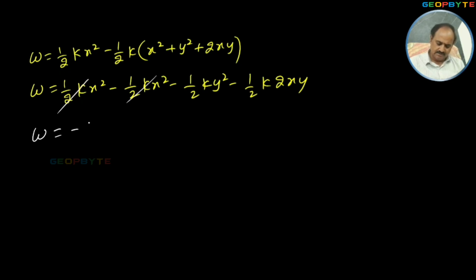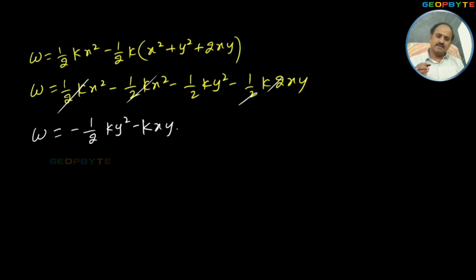Work equal to minus half ky square minus half k. Of course this 2 cancels. I can write kxy. Okay.